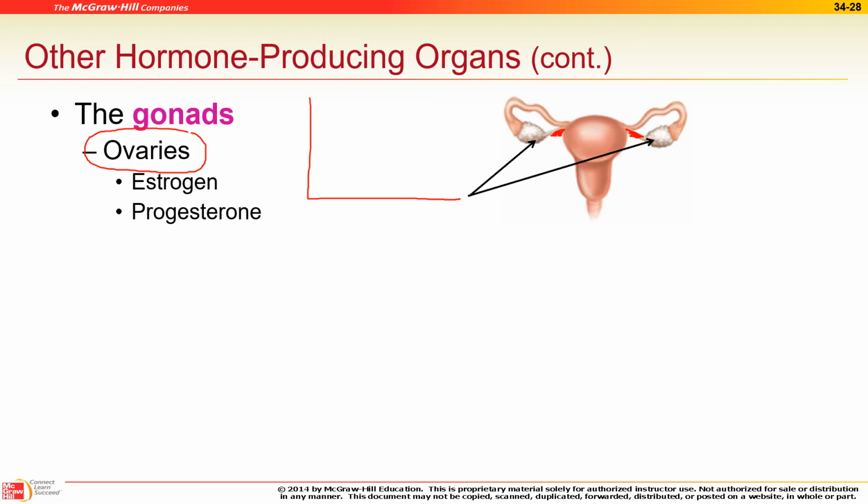We'll cover this more in the reproductive system, but at the beginning, days 1 through 28, there will be a high amount of estrogen, and then halfway through the cycle, estrogen kind of dips off, and conversely, progesterone starts off low, and then at the later stages of the cycle, it increases. So that's what they mean by the menstrual cycle or the female cycle. It's the cycling of those two hormones.